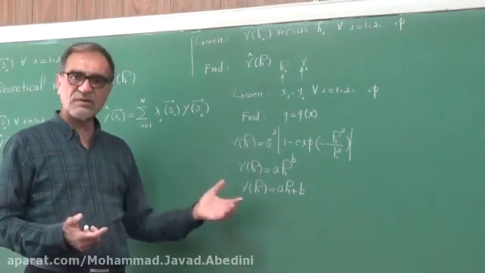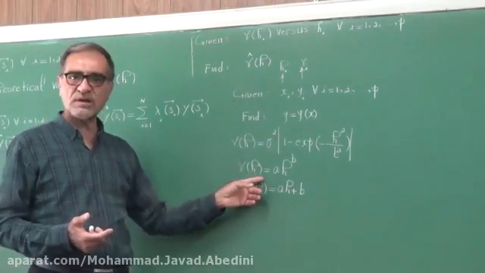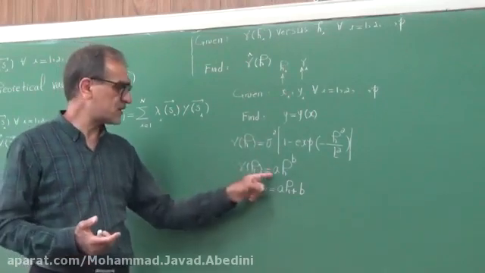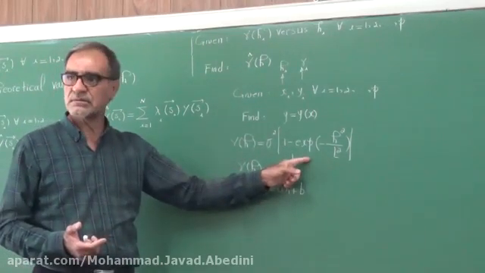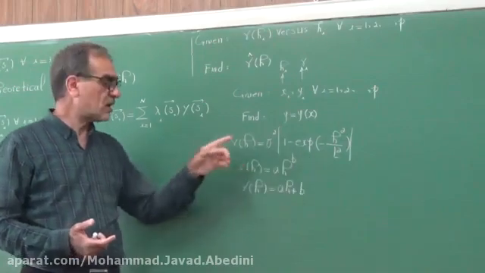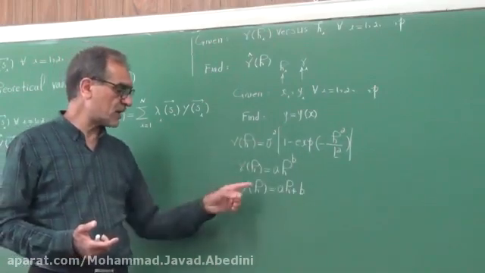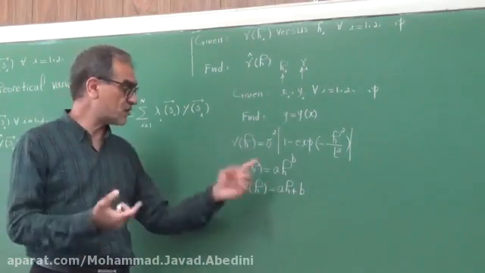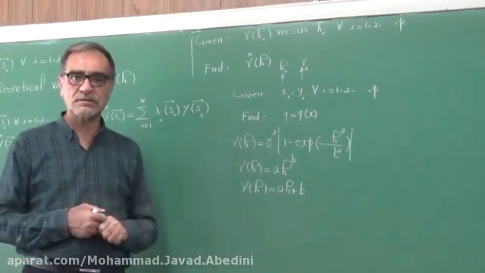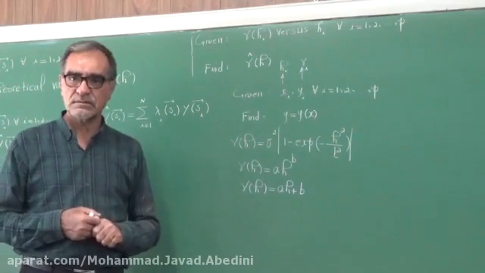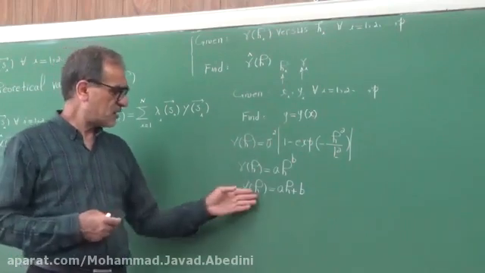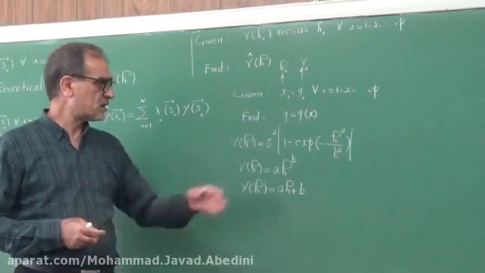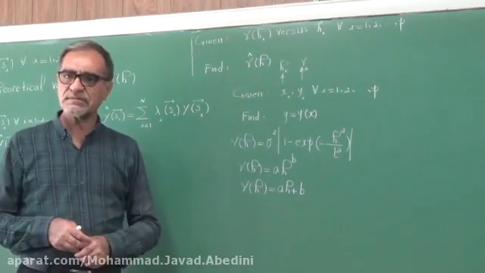If my theoretical variogram is the power model, then my job is to obtain this A and B. If my theoretical variogram is a linear variogram, then my task is to obtain this A and B. In fact, if your theoretical variogram is linear, then you have already solved this problem.